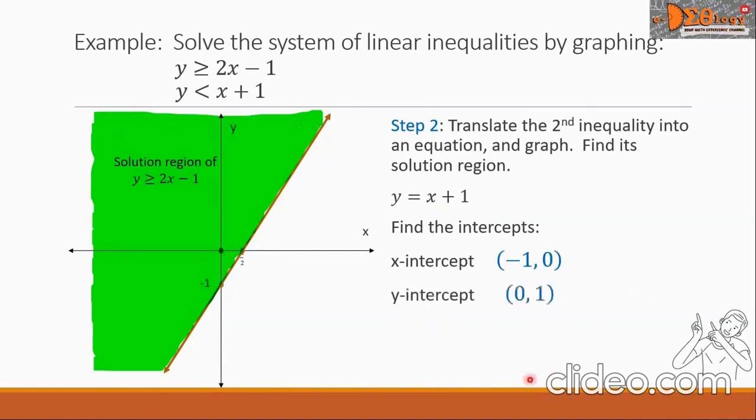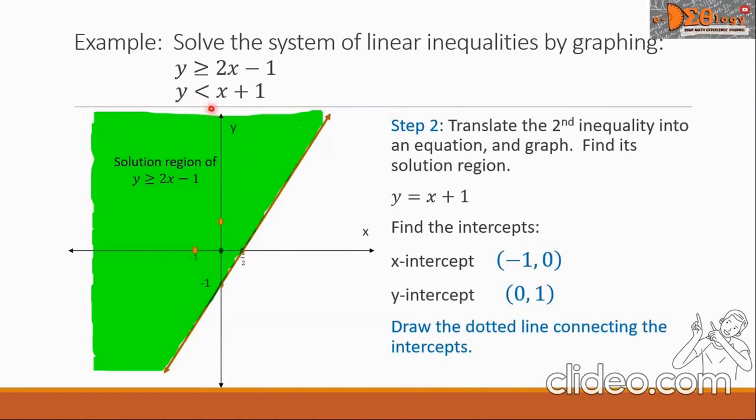Let us copy this ordered pair beside the y-intercept. Next thing to do is to draw the dotted line connecting the intercepts. By the way, in some books, they use the term dashed line or broken line. We need to draw a dotted line because the inequality symbol in our second inequality here is less than.